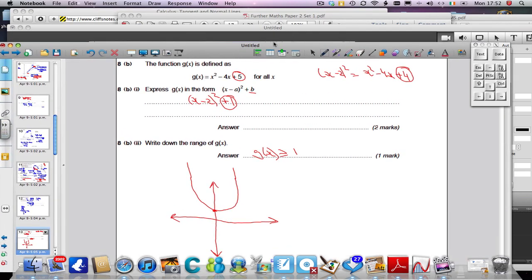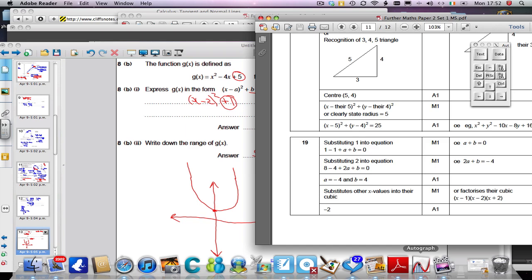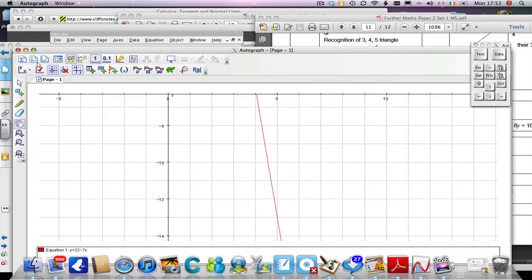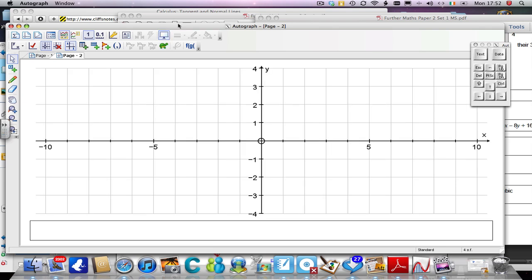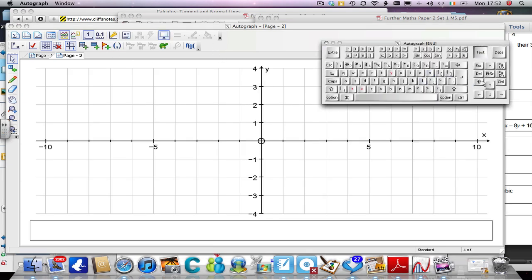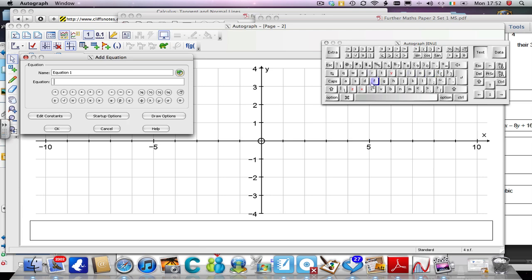Let's just take a look. So x squared minus 4x plus 5. Let's bring up a new page. Right, x squared minus 4x plus 5.